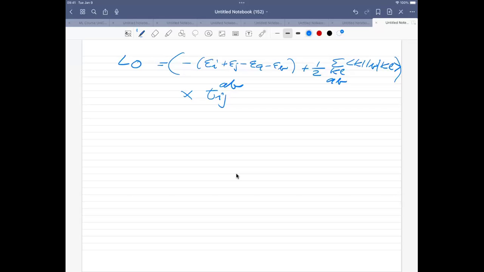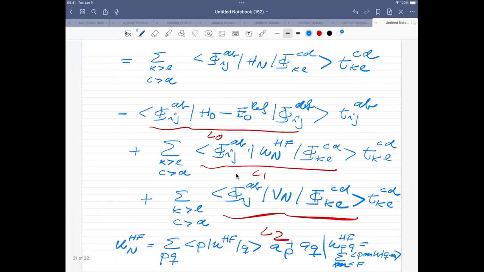Now, this L1 term gets a little bit more complicated, but let's just collect all terms. All terms means this L0, L1, L2, which we have defined here.